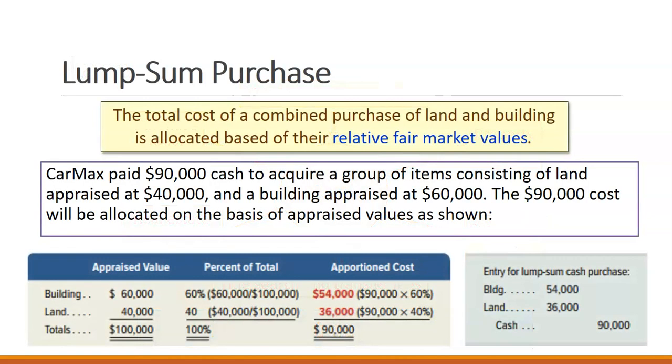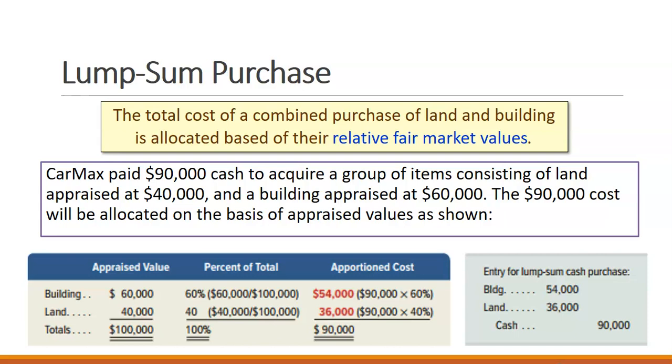When we have a lump sum purchase, we need to allocate the portions of that lump sum purchase to either the building or the land account because we don't want everything lumped together because we can't depreciate land. So in this example, we paid $90,000 to buy land and a building.